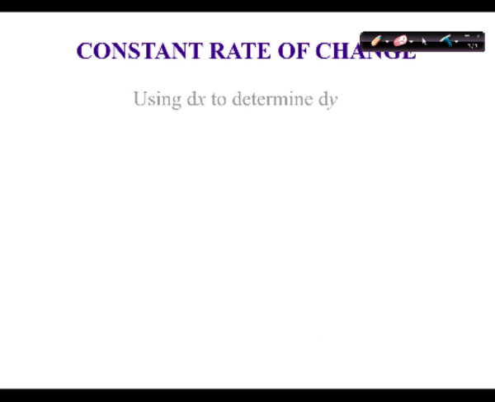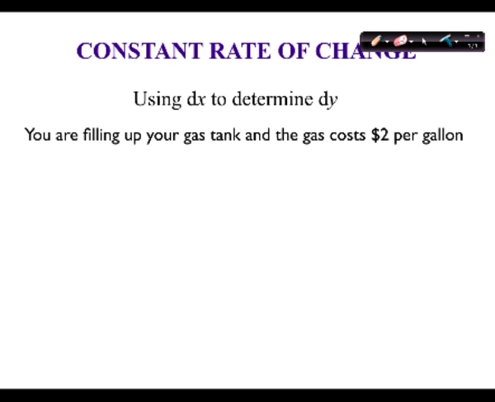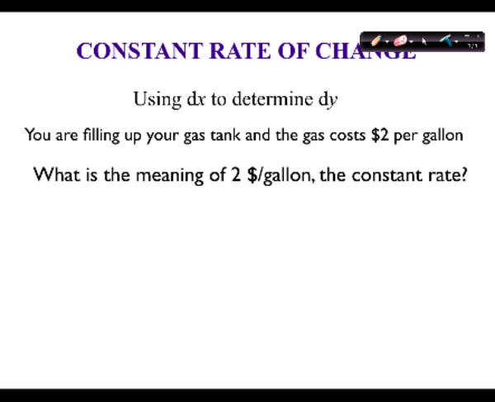Okay, so constant rate of change. Here we go. You're filling up your gas tank. Gas costs $2 per gallon. I think we did one like this on the first day. What's the meaning of $2 per gallon? The constant rate. What does that mean, Lydia? Almost.